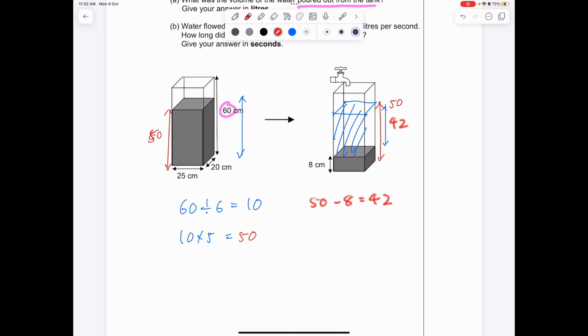Okay? And then now to find out the volume over here, we will use this as the height. So what is our length and breadth? It is 25 and 20. Because it is the same tank, there is no difference. Okay? So therefore, volume of water poured out would be 42 times 25 times 20. Okay, so in this case, your answer would be 21000.